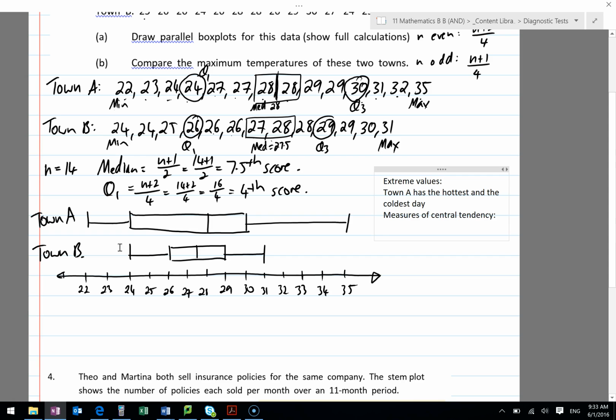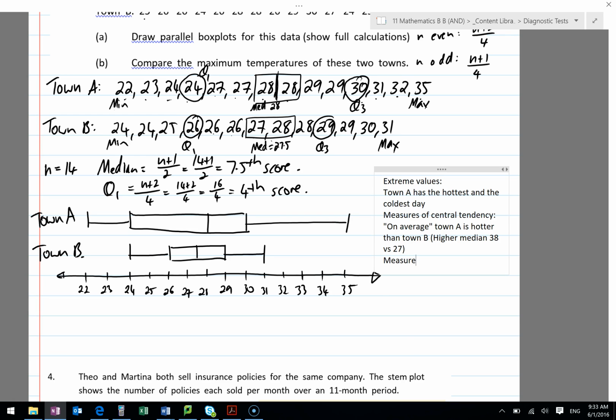If I look at the median, which is the only thing I can compare here, the median of town A is above the median of town B. So on average, town A is hotter than town B. Higher median, and I'll quote the scores as well. 28 versus 27.